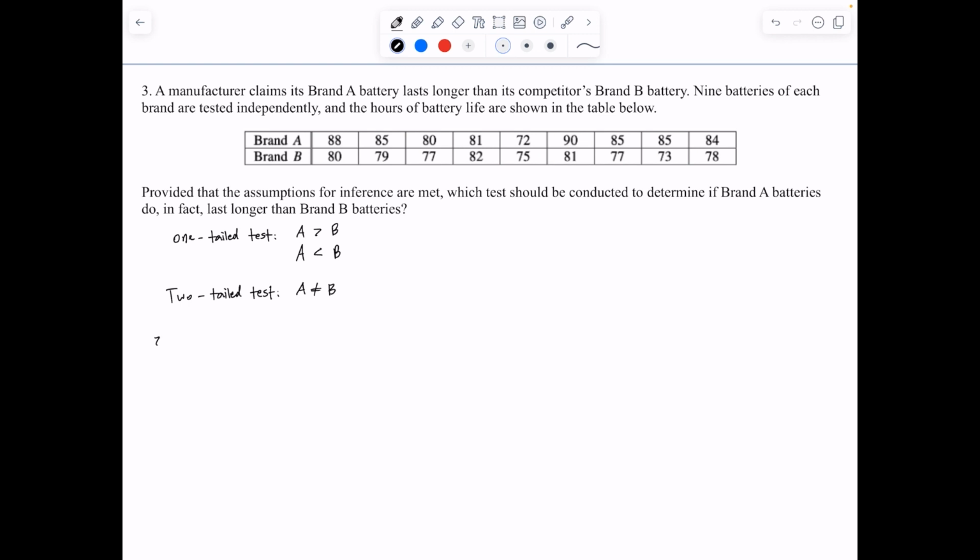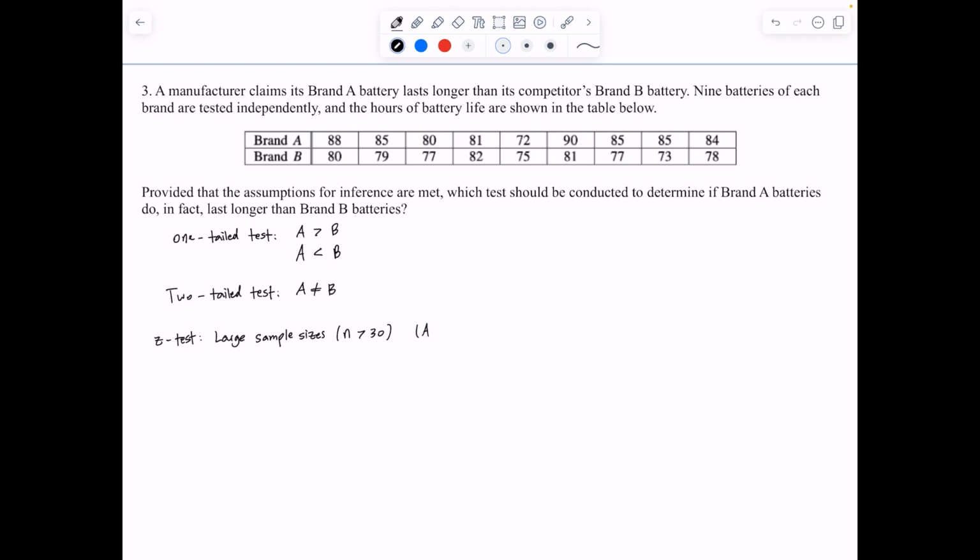Then we also have the z-test. This is for large sample sizes, where n is greater than 30. And this is because it assumes the sampling distribution of the mean is normally distributed by the central limit theorem.